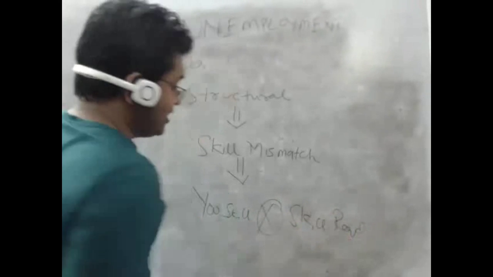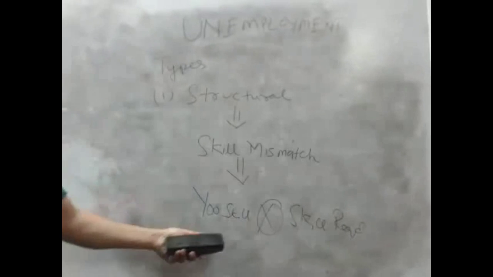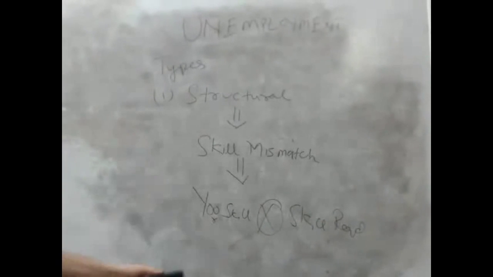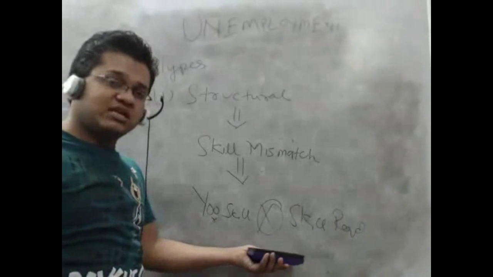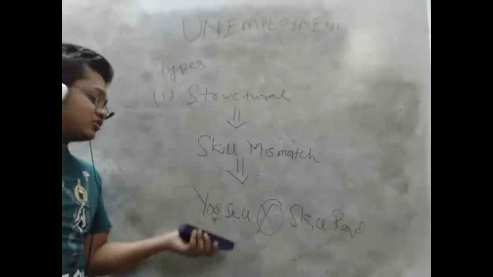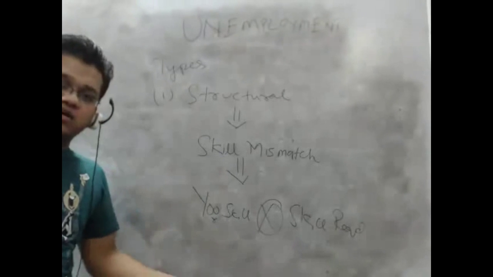So when we take all those persons whose skill does not match with the skill required for that job, then we call it structural unemployment. Is the meaning clear? When your skill does not match with the skill that is required for the job, then it is called structural unemployment.